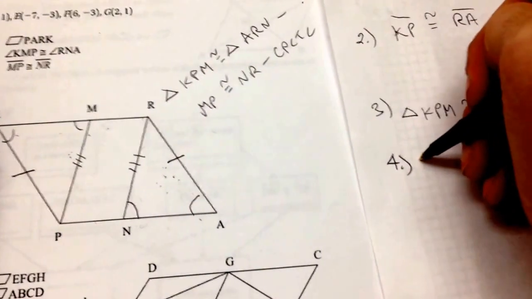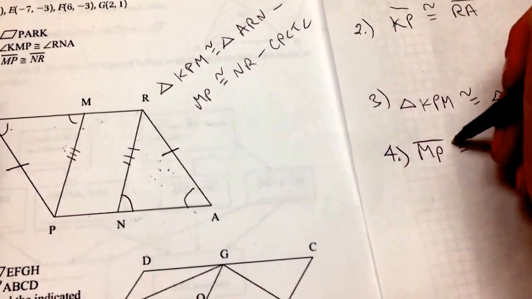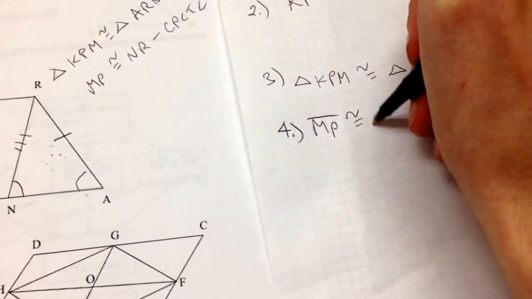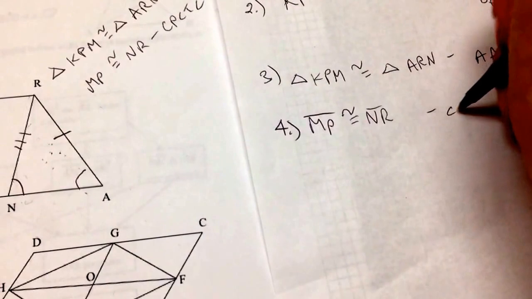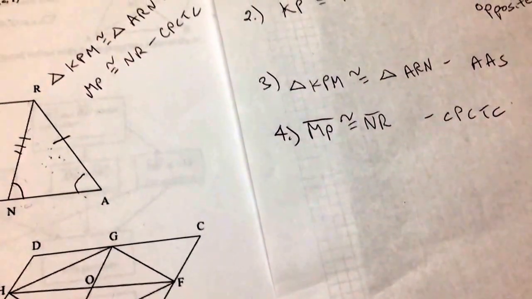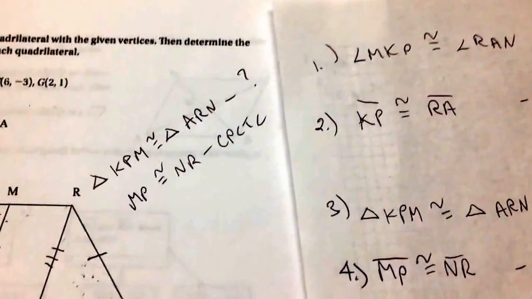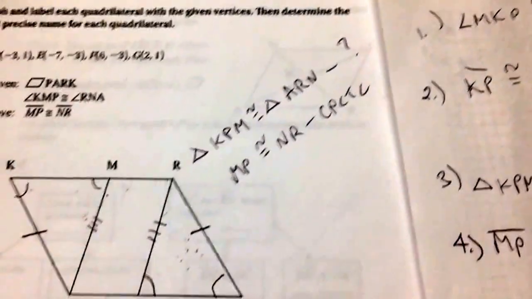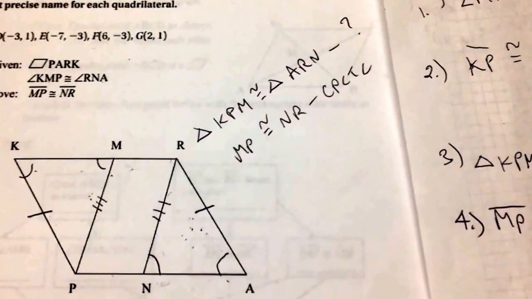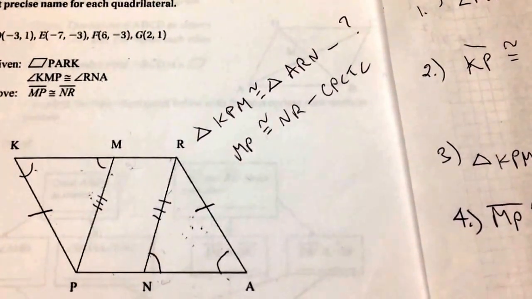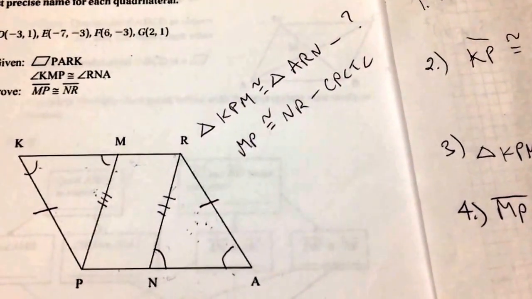Now that we've proven that, we can say segment MP is congruent to segment NR because of CPCTC. And now we're happy. Okay, so once again, we had to know the properties of a parallelogram in order to be able to figure this out.